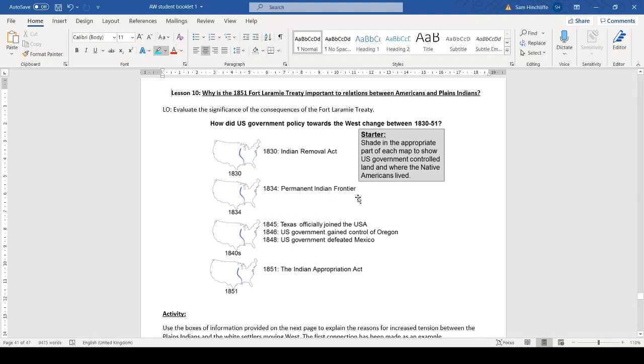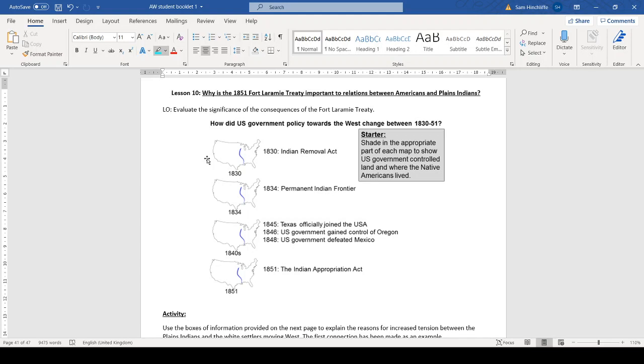Okay, this lesson 10 is going to be looking at the Fort Laramie Treaty of 1851. I will say that the Fort Laramie Treaty of 1851 is a massive part of the course. It is really, really fundamental that you understand this treaty.